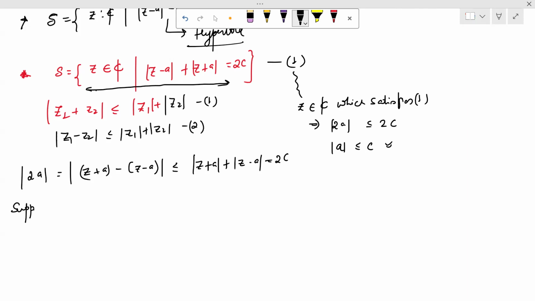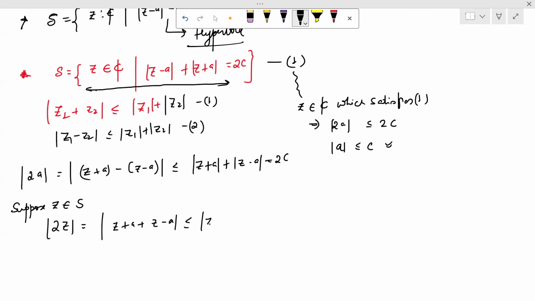Now suppose some complex number Z belongs to this set S. Then 2 times modulus of Z can be written as modulus of Z plus A plus Z minus A, right?